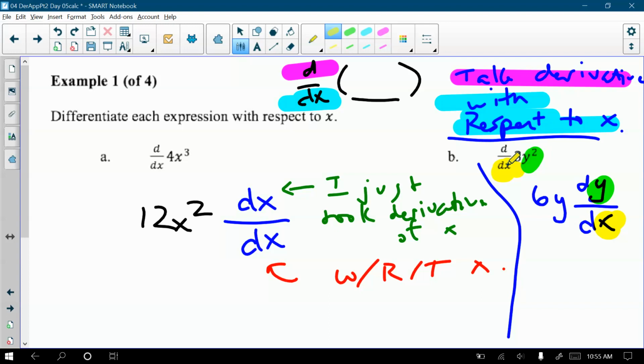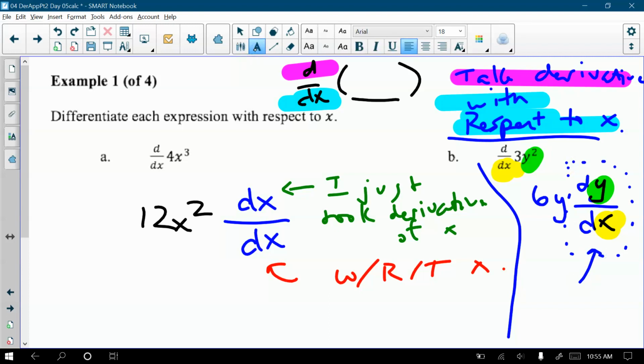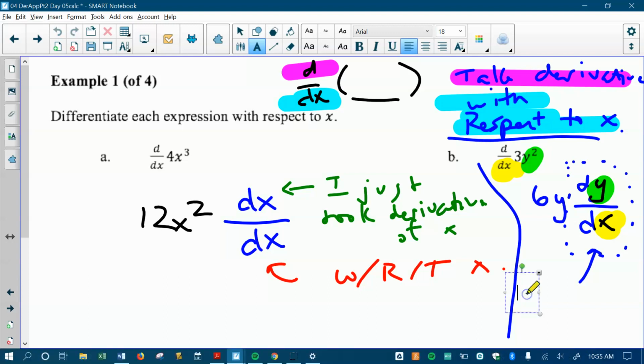Again, the point of this little dy dx, and this is implicit differentiation, is saying I took the derivative of y with respect to x. It's communicating to the person that you just implicitly differentiated. And when we say we took the derivative of y, we get dy dx, and that's really it.